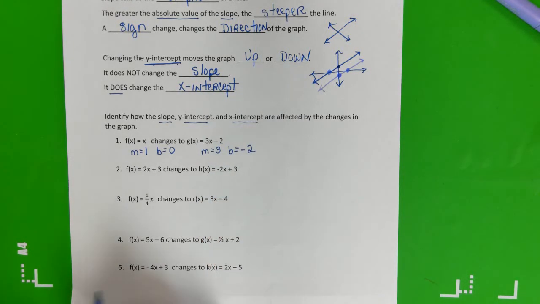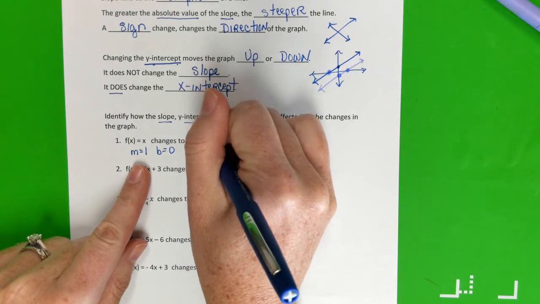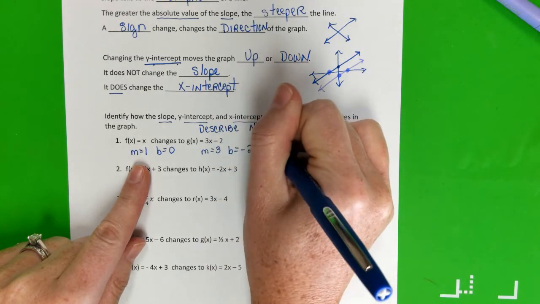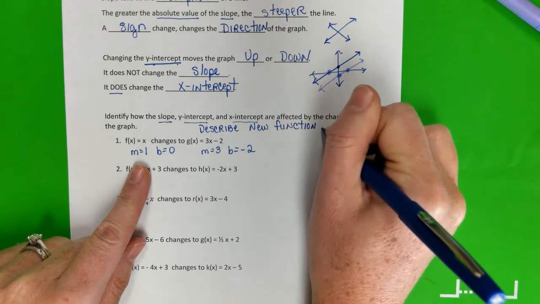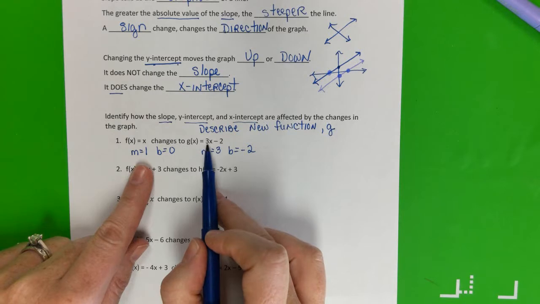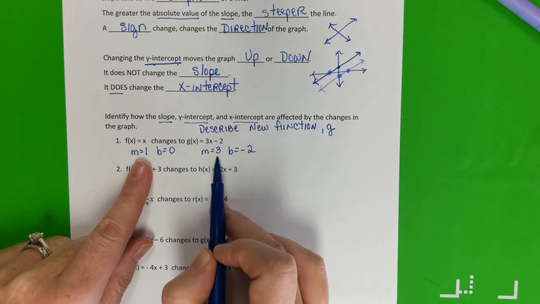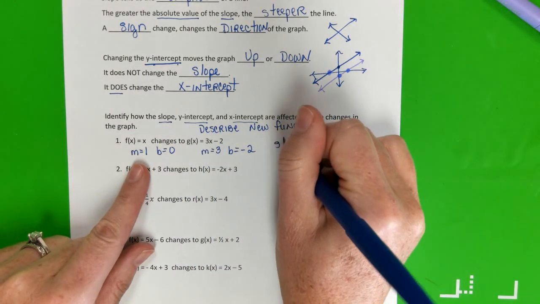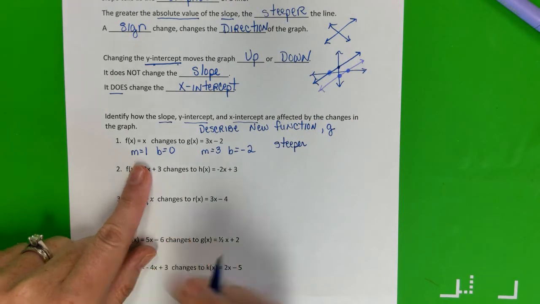Okay, so let's talk about what's happening. What we're basically doing is describing our new function, which is function g. So how does the slope compare? Notice it's 3 now. 3 is greater than 1. So that means this new graph is going to be steeper. That's the first thing that's going to happen.